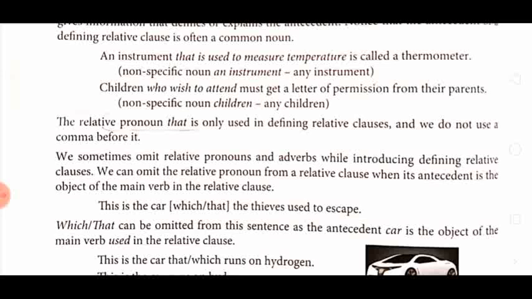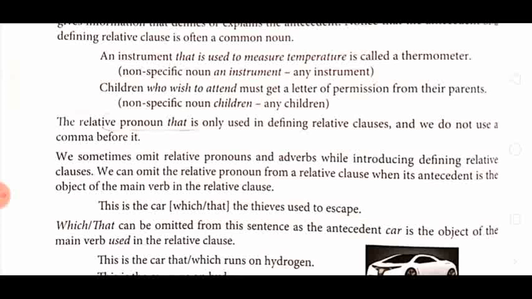We sometimes omit the relative pronoun and adverb while introducing a defining relative clause. We can omit the relative pronoun from a relative clause when its antecedent is the object of the verb in the relative clause. You see here how. This is the car the thieves used to escape.